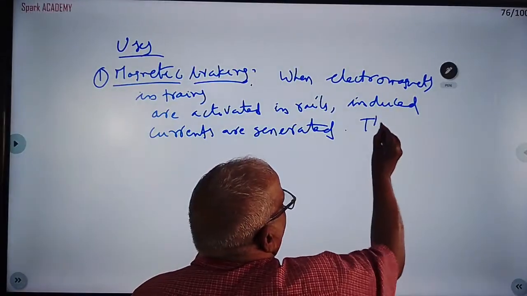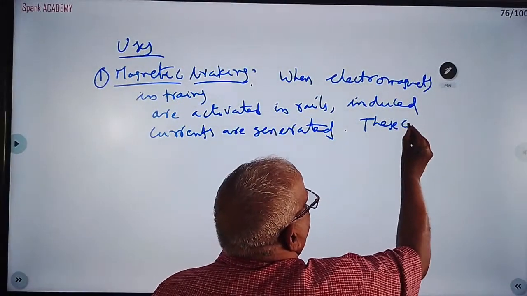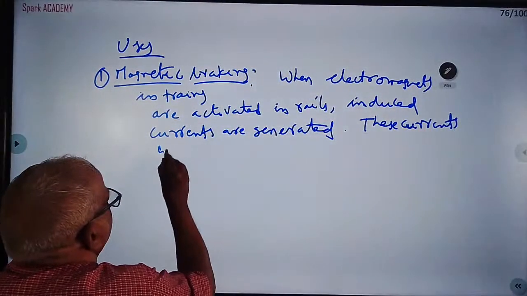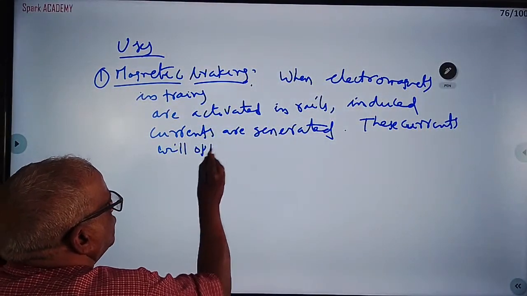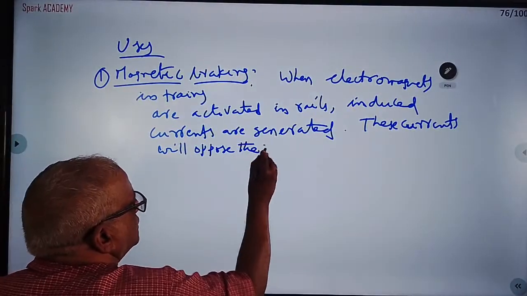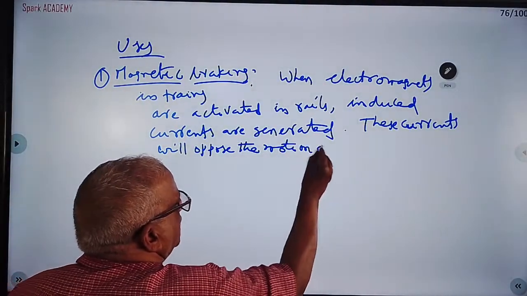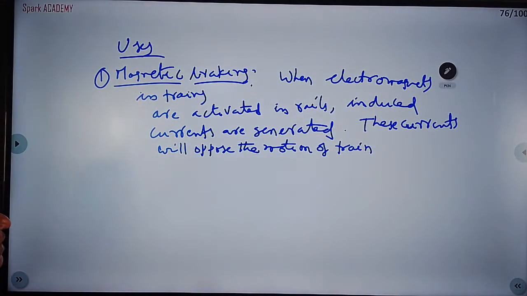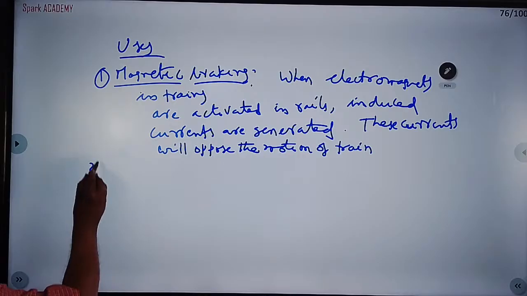These currents will oppose the motion of the train. So magnetic braking is done like this. When electromagnets are activated in rails, mainly you have to explain that induced currents are generated.